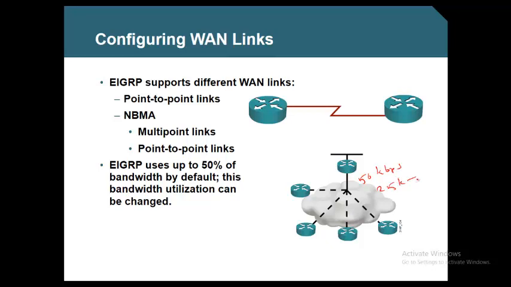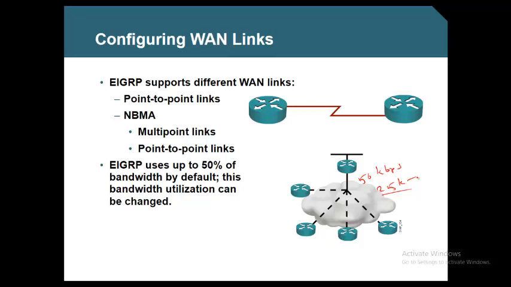You see, this wire may be 1500 kilobits per second, let's say. In that 1500, it is going to take 750 kb.